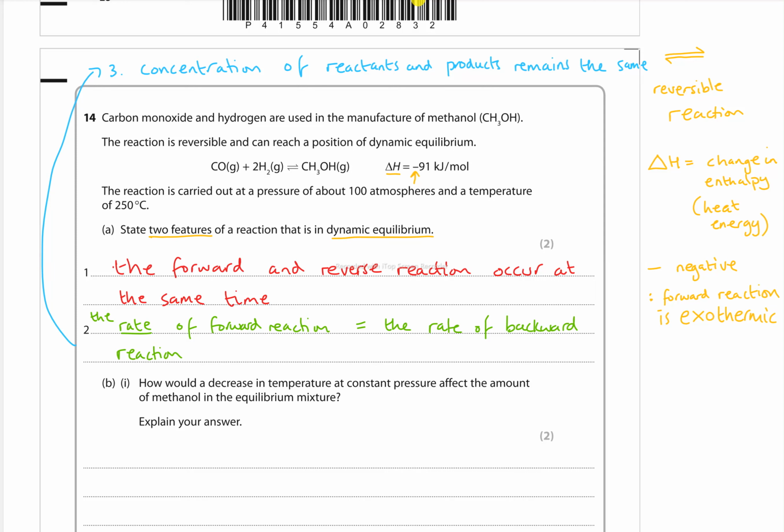Right, don't make the mistake of saying that they are equal. They're not. It remains the same. Just remember that. So put this word in, don't put equals there, they remain the same.